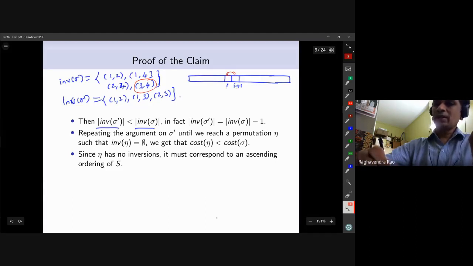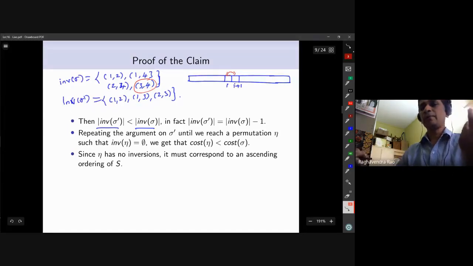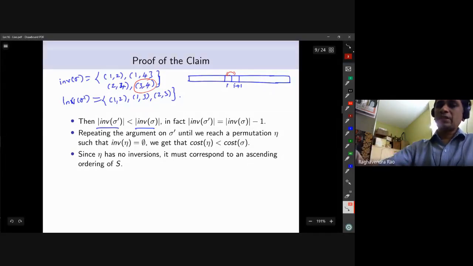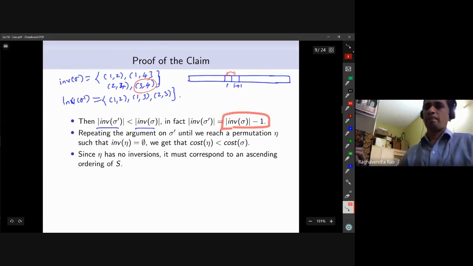The only thing is, the inversion i, i plus 1 is no more an inversion because we swapped. Because S of sigma i is greater than S of sigma i plus 1, whereas S of sigma prime i is less than or equal to S of sigma prime i plus 1. Hence the number of inversions in sigma prime is exactly 1 less than the number of inversions in sigma.